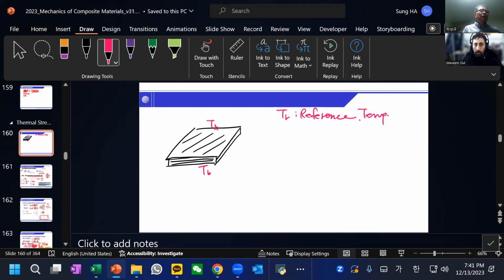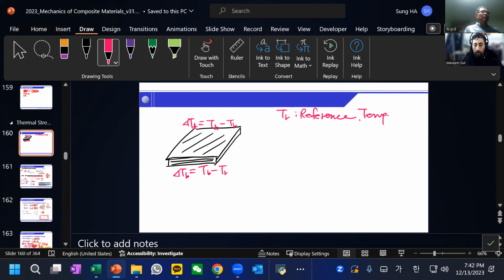So always what is needed is the absolute temperature and the reference temperature. So this is the temperature increment at the top. And same for the bottom, we have an absolute temperature TB at the bottom, but how much the temperature increased from the reference, this is the temperature increment from the reference at the bottom.